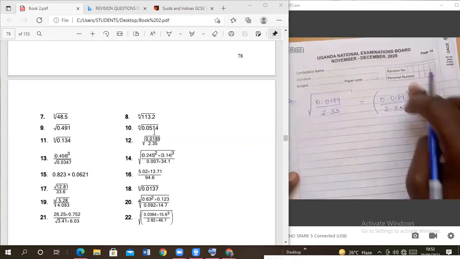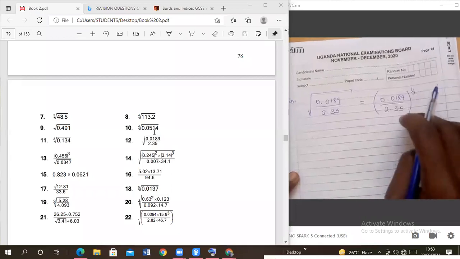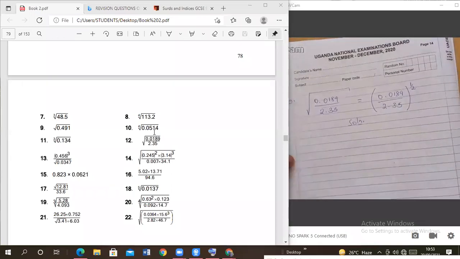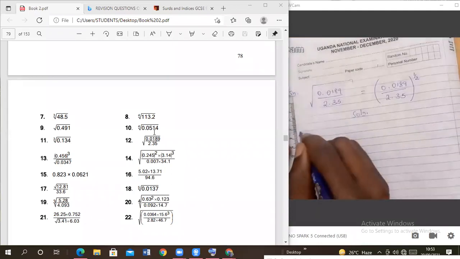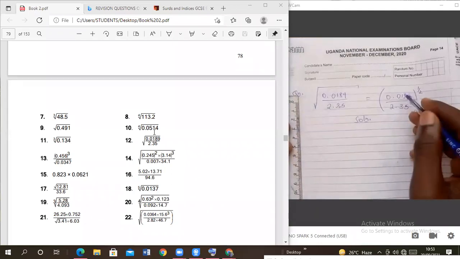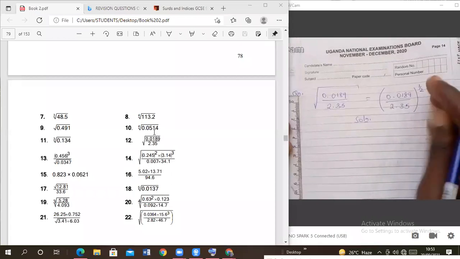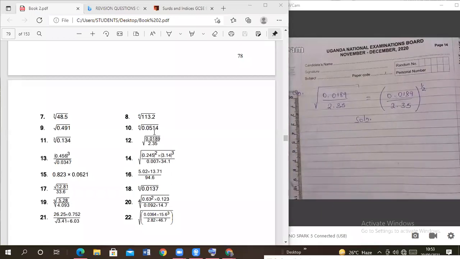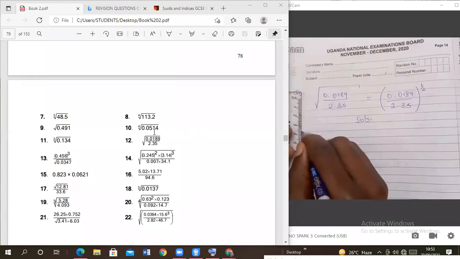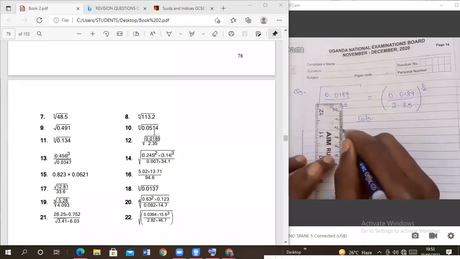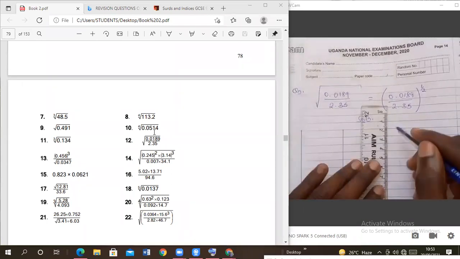And this square root is for all of them. So I will get the logarithm of 0.0189, I will also get the logarithm of 2.35, then I combine them together, then I divide it by half. Are we together on that? Yes.